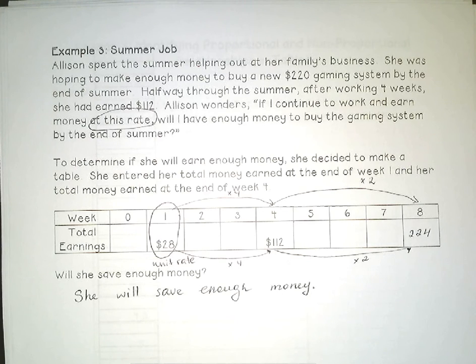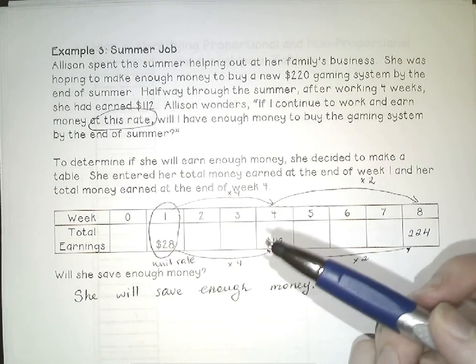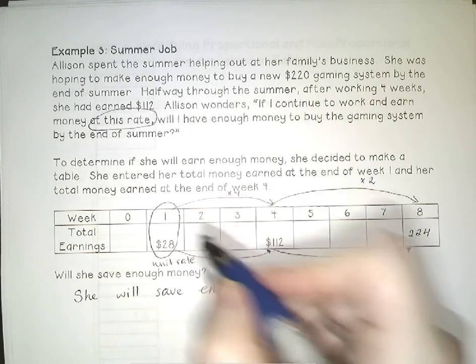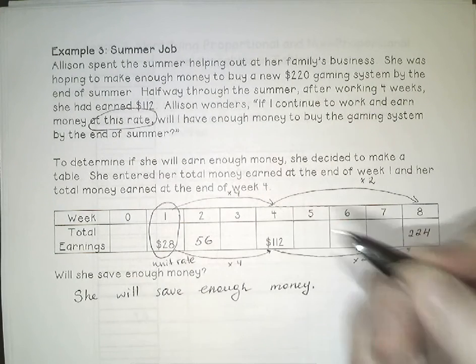We can just finish here because we are kind of filling in the table. If I was asked to fill the table completely, and actually I do need to do that, all I need to do is multiply each week by the number of dollars. So if I multiply 2 by 28, I will get 56, right?